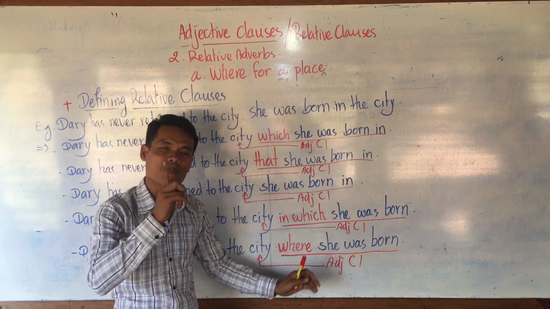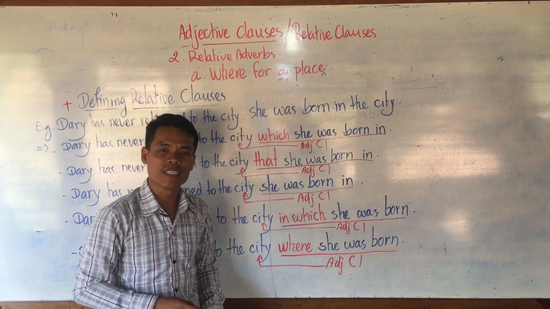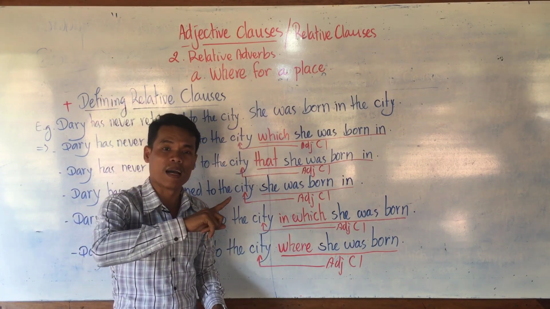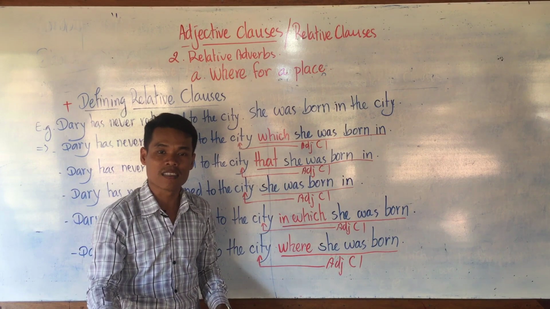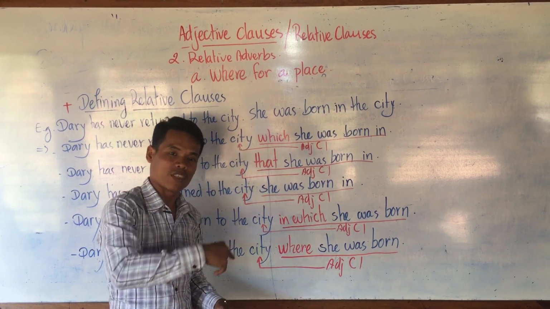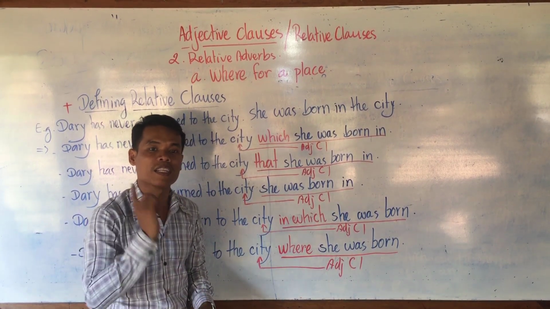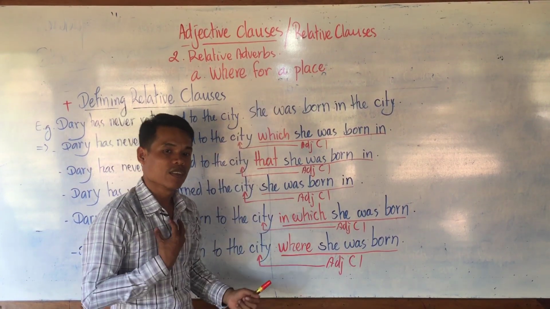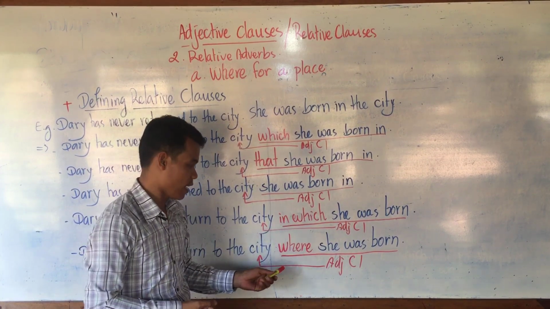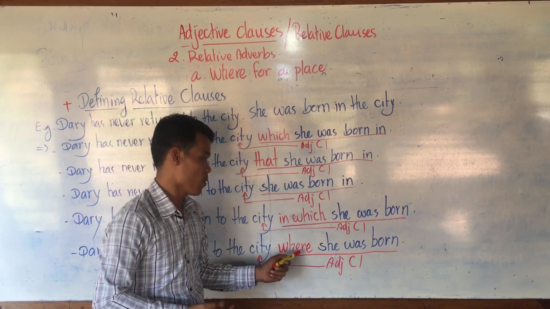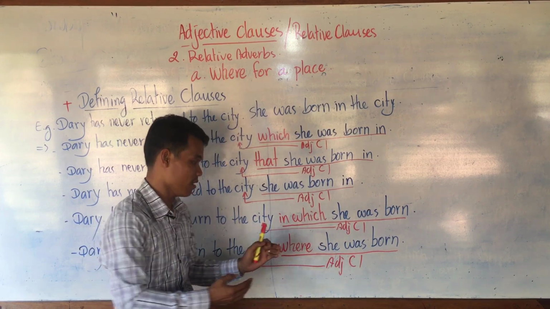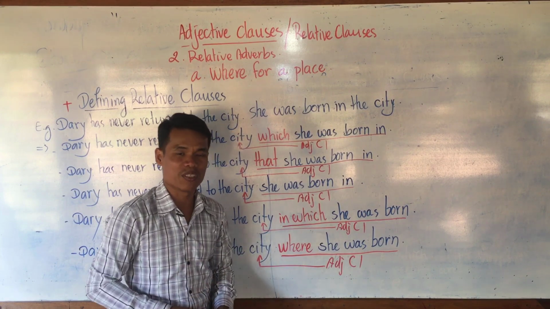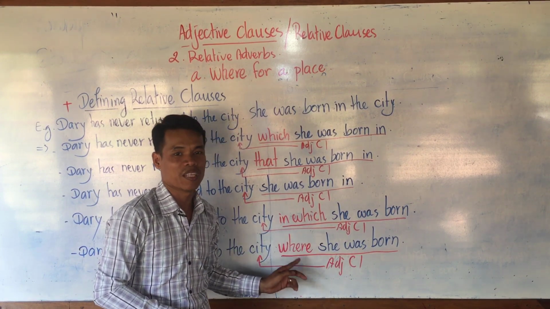You remember one of the adjective clauses about object of preposition, we can write two ways. One is a preposition at the end of each clause. It is informal. When the preposition is placed in front of a relative pronoun, it is formal. But when you think of where as a place like this, in my opinion, I think that where is more formal than in which.